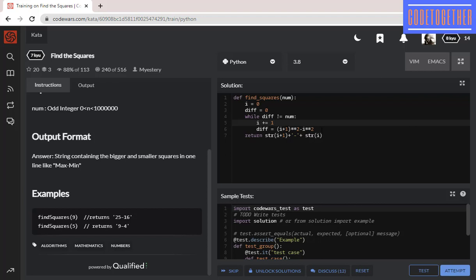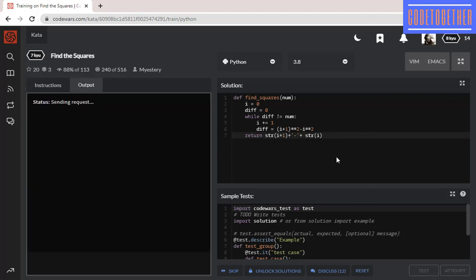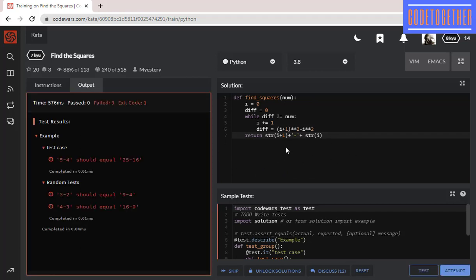Okay, 5 is the given number, so i is 2, and we should return 3 and 2. I think you get it. Just test it. So you got the procedure, the process.